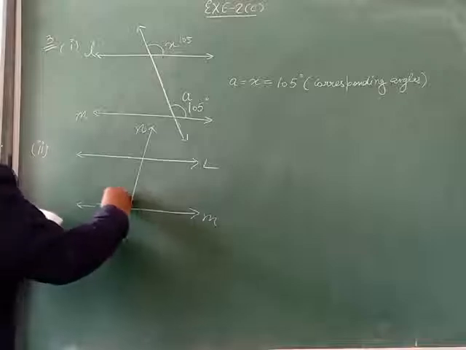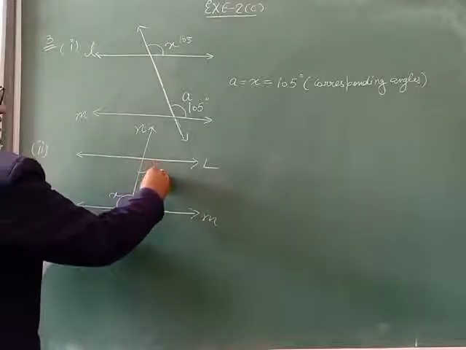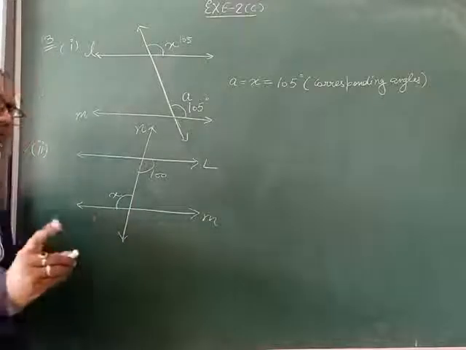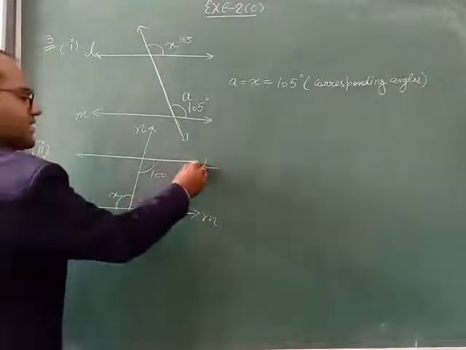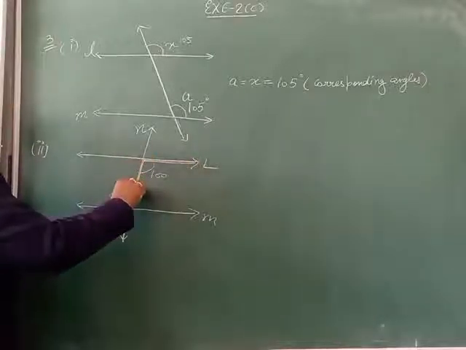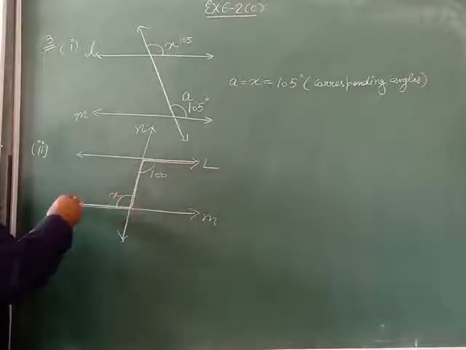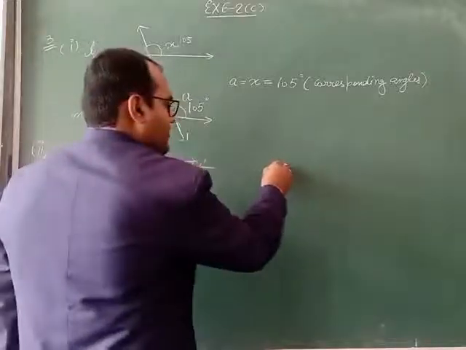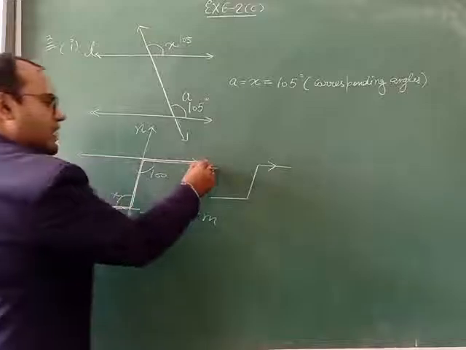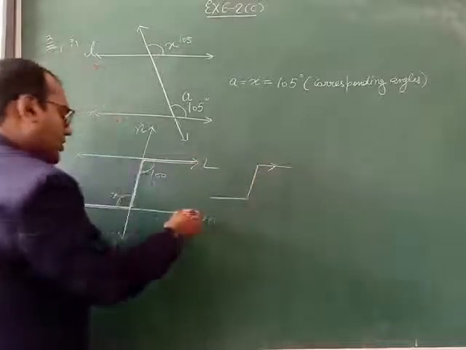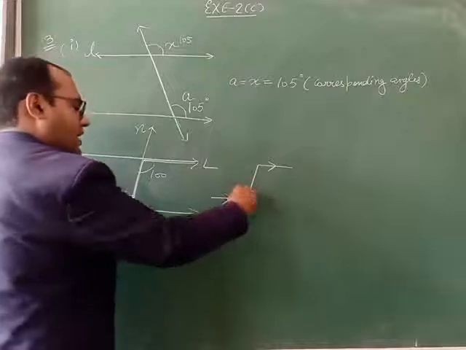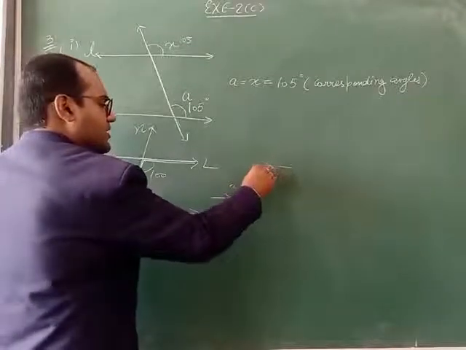Here it is given X, here it is given 100. Here we have to make a Z shape figure. We have to make a Z. The figure looks like a Z. Z shape figure we are having. So what happens in a Z shape figure? Here this is the L line which is parallel and this is the M line which is parallel. Here is your X and here it is 100.